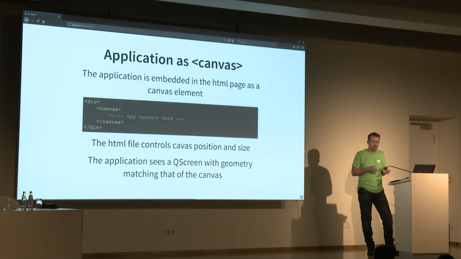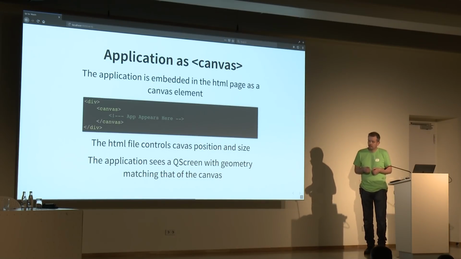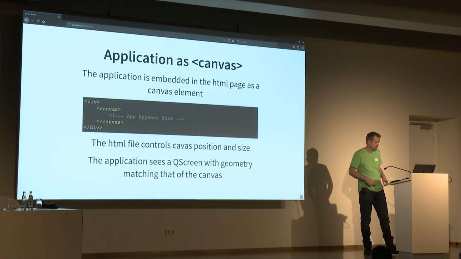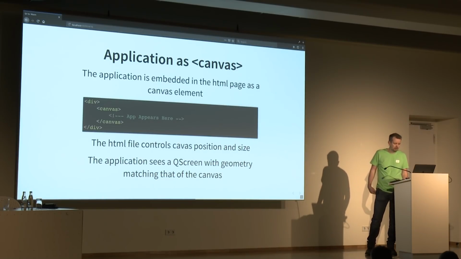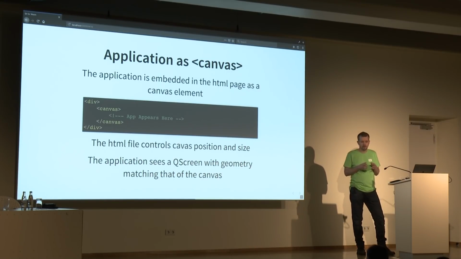That's an HTML element, and that's going to be a WebGL-based canvas. And then the HTML page can control the canvas position and size. So it can occupy the entire viewport, or it can occupy a smaller rectangle in the page.